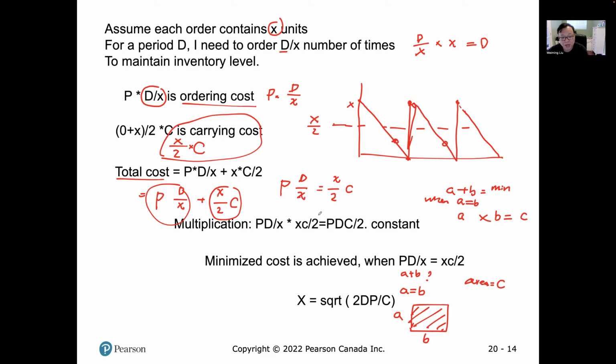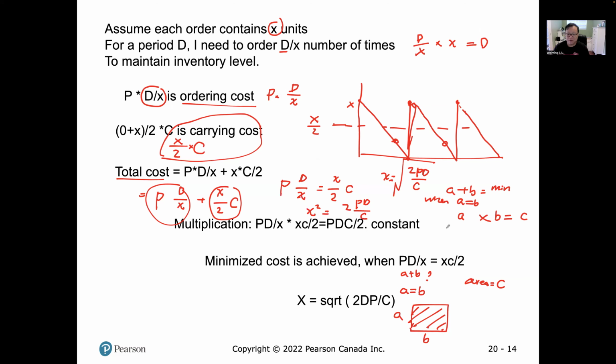So when I move them around, I have x squared equals 2PD divided by c. So x equals square root of 2PD divided by c. Okay?